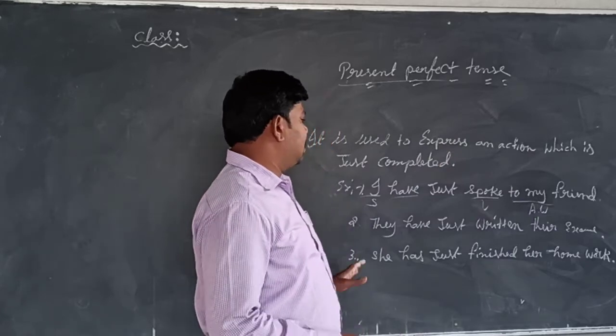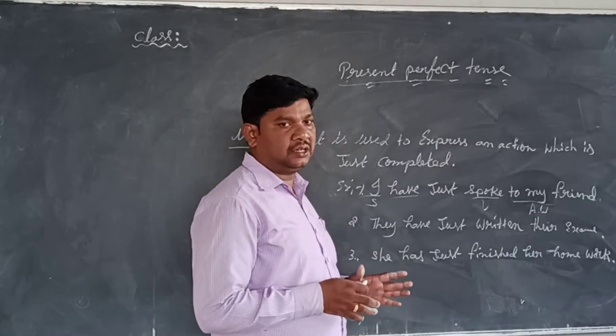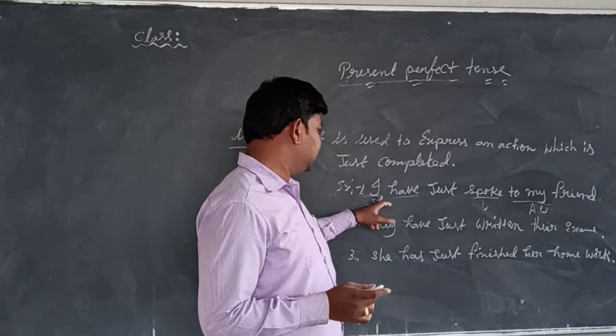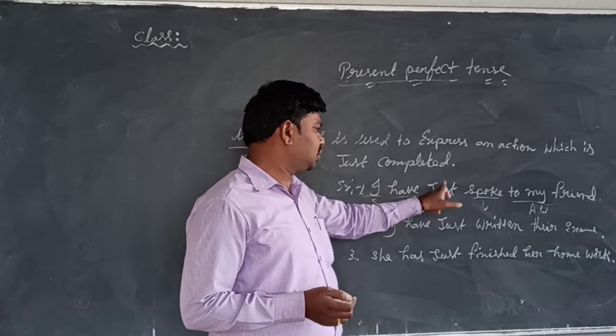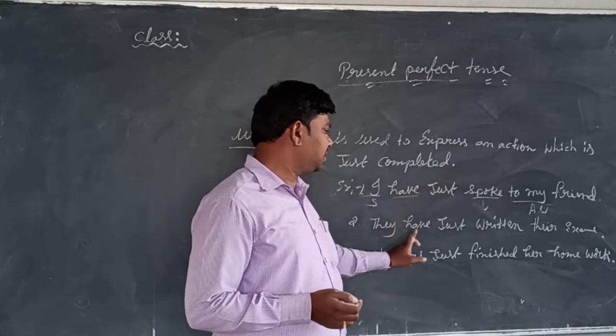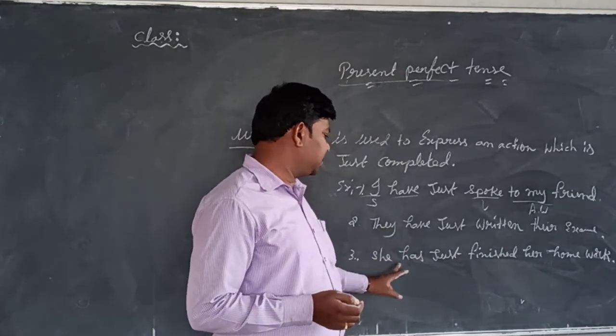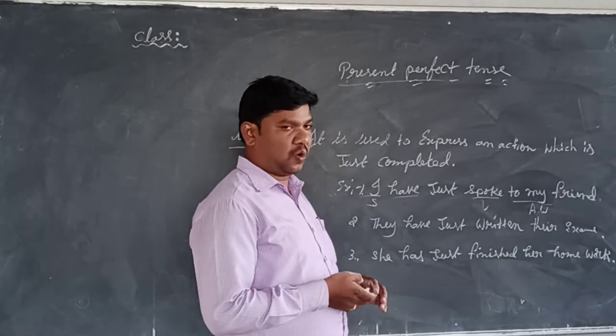So these are the uses. Just completed action. We can say like this. I have just spoken to my friend. They have just written their exam. She has just finished her homework.